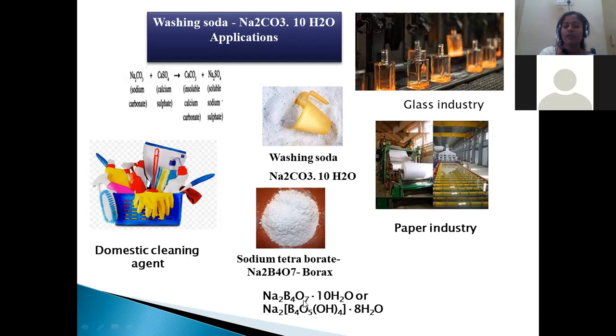It can be represented as Na2B4O7·10H2O, otherwise Na2B4O5(OH)4·8H2O. In any one of the forms, we can represent this borax. This borax is an essential material in industry and finds application as an insecticide. And it can be synthesized from the starting material, washing soda.